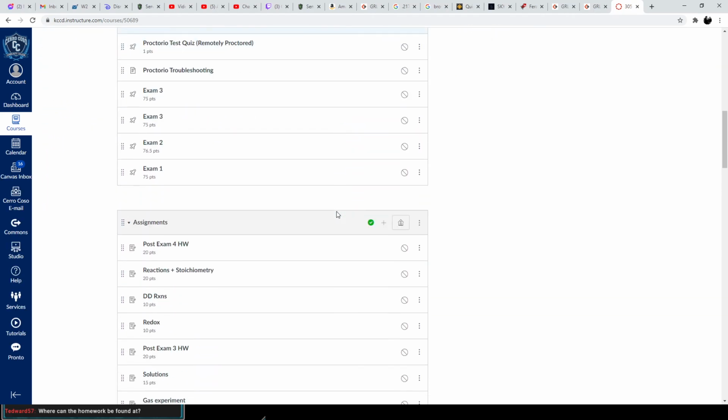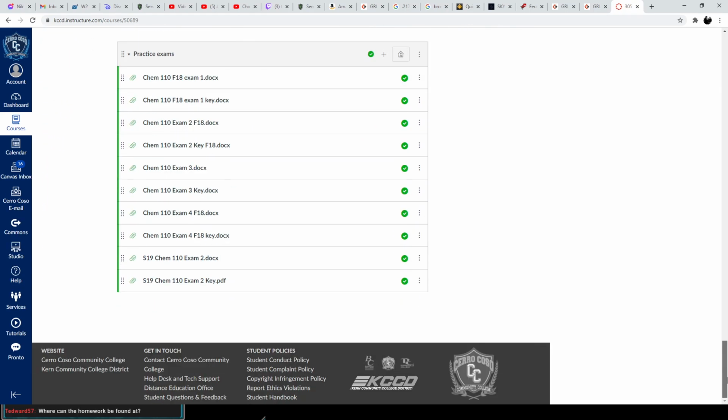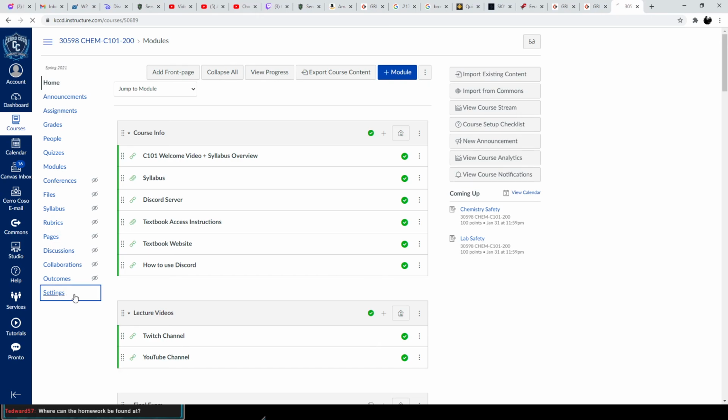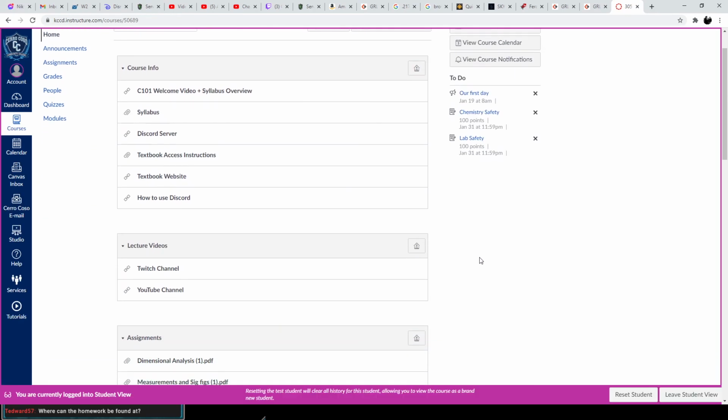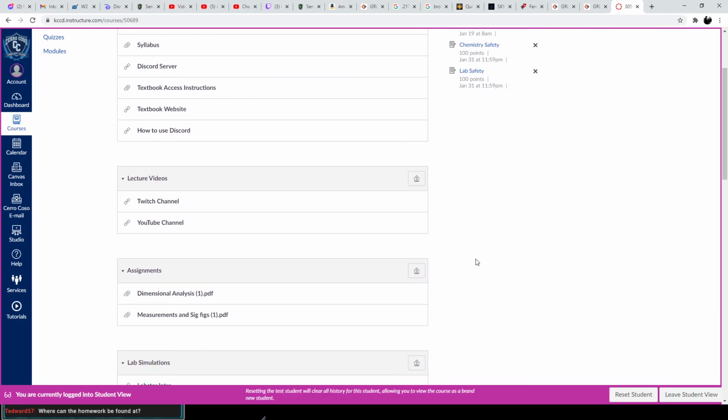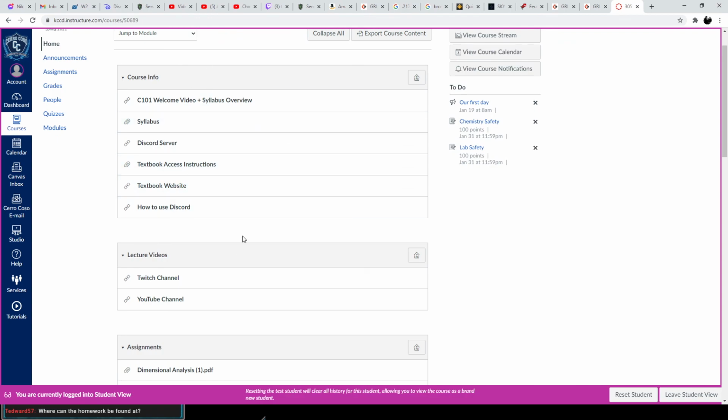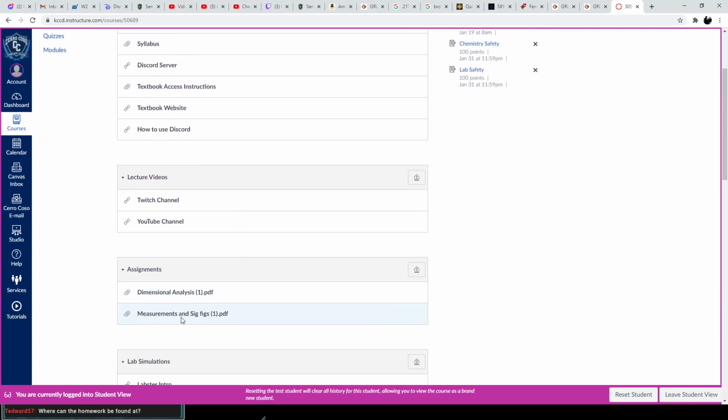If you look at the homework here, I'll put it on student view so I can show you. Okay, so as soon as you log on to Canvas, this is kind of the home page that you're gonna see.